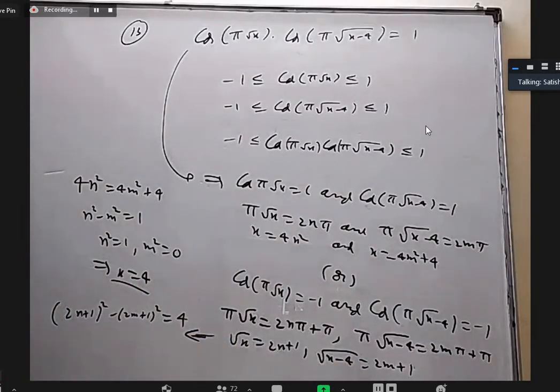The squares of odd numbers are only 1, 9, 25, 49, and so on. It is not possible. If they had given some other number, it may be possible, but not this one. For example, they could give 16 or 24 here. So no solution. It is not possible.